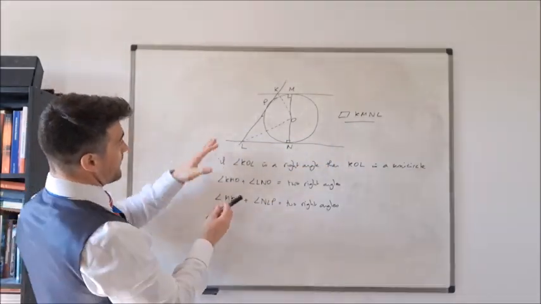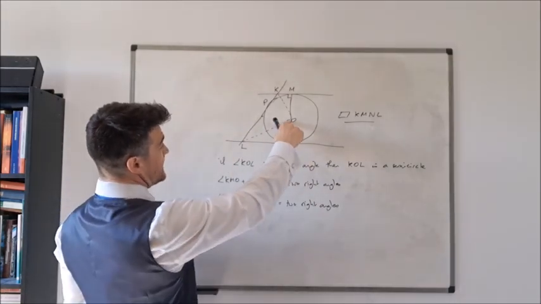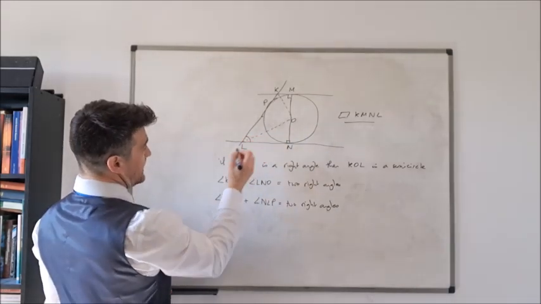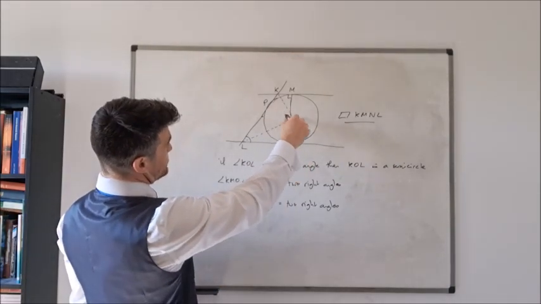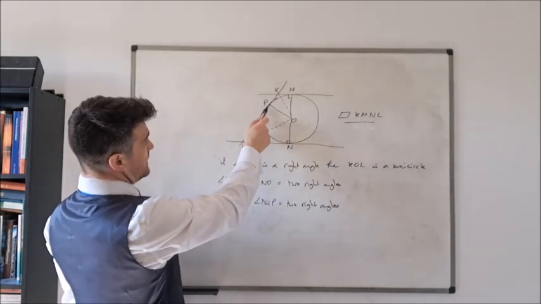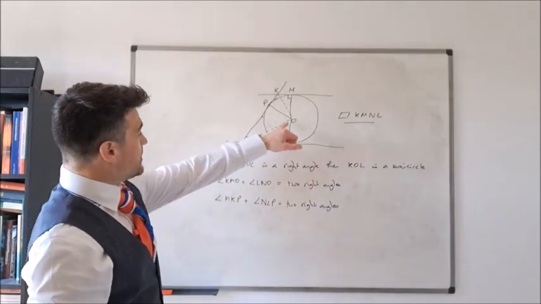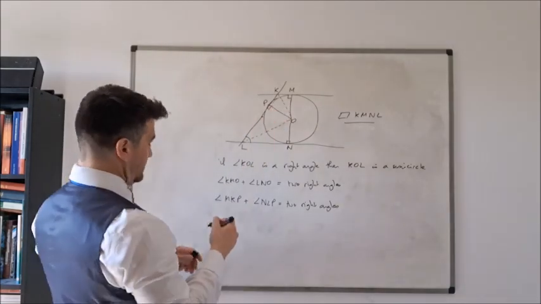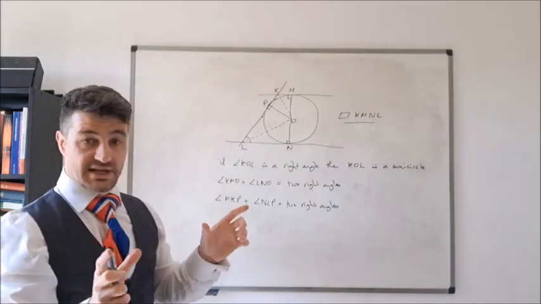Okay, but notice that because we've got a line here from L to O, that is going to bisect this angle here. Why is that? Because if I draw a line from O to P here, where this third tangent contacts the circle, the triangles OLP and OLN are going to be congruent, because OP is a radius, ON is a radius, so they're the same length.